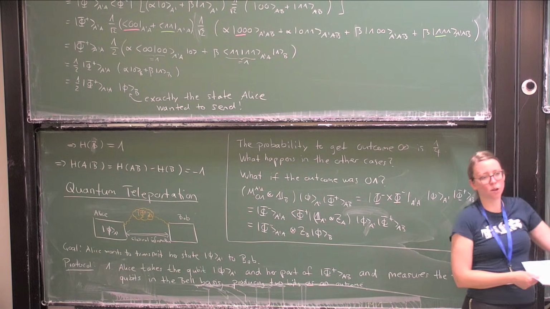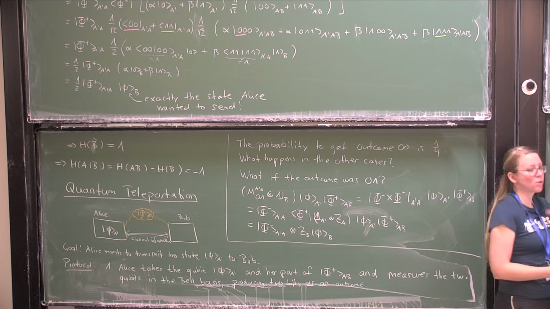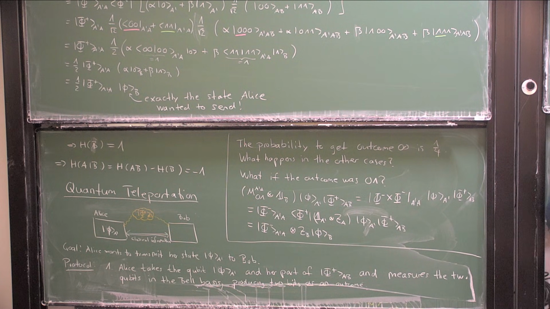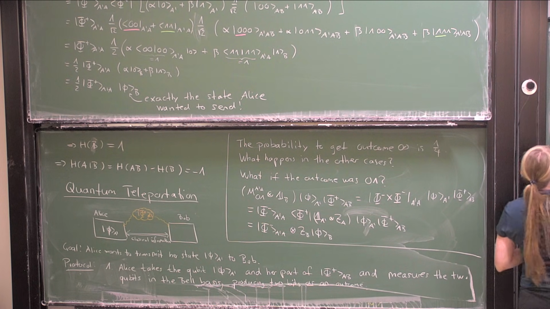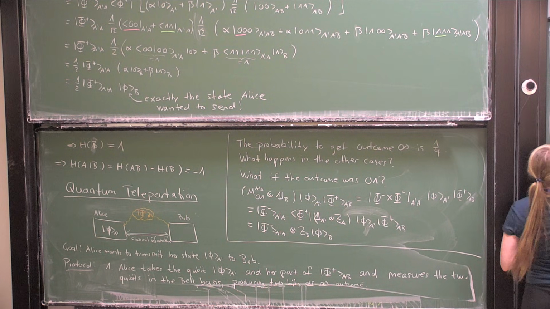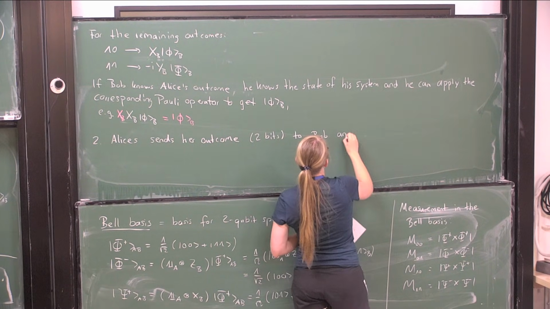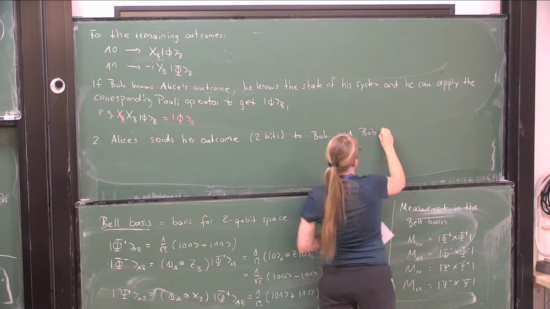So these 2 bits of classical communication she needs to send, so Bob can apply the corresponding correction operator and perform the corrections.